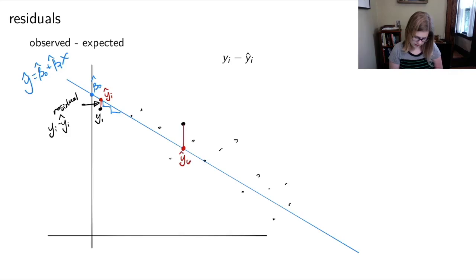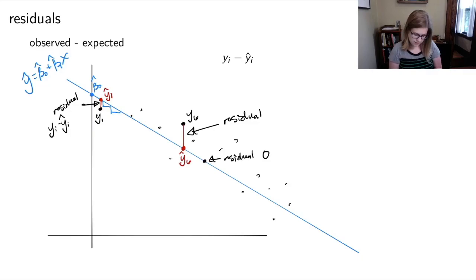We'll say y hat 6, and this is y6. And then I've got a residual for this guy as well. So that is also a residual. So we've got some points that are like right on the line, like this one. Its predicted value is exact, and so we've predicted it completely, and the residual is 0.